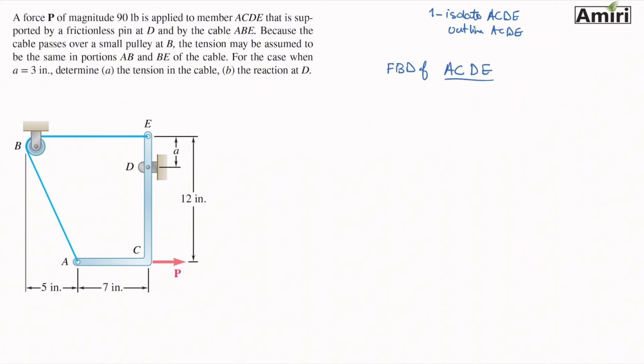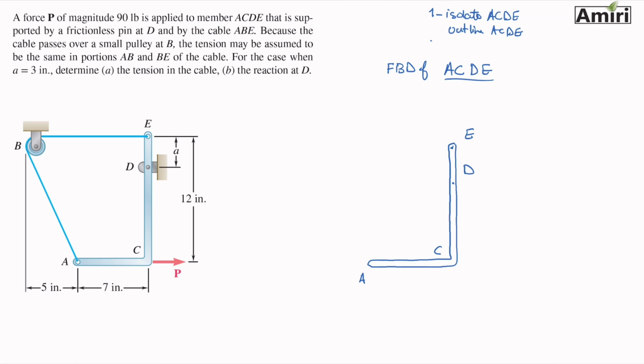Isolate means remove the cable ABE, remove pin D, remove supports, anything else, just isolate and then draw the outline of this member or rod or beam. You can certainly label the points on it, so it adds a little bit more clarity, but you don't have to. All right, step 1 is done.